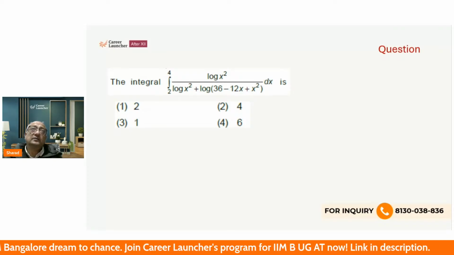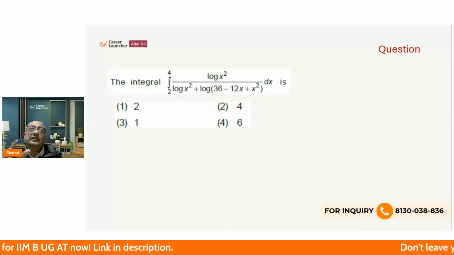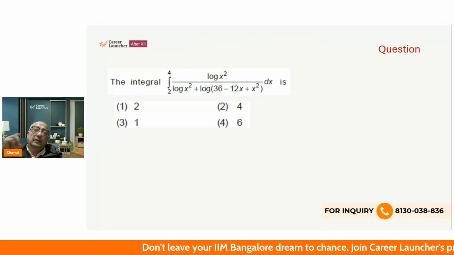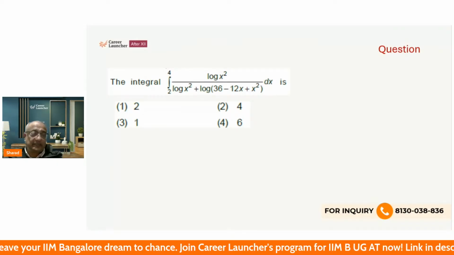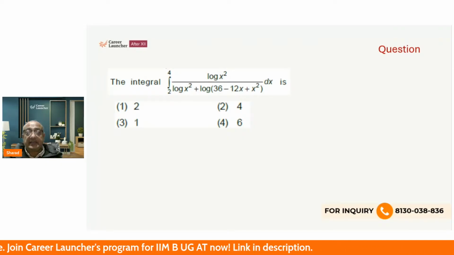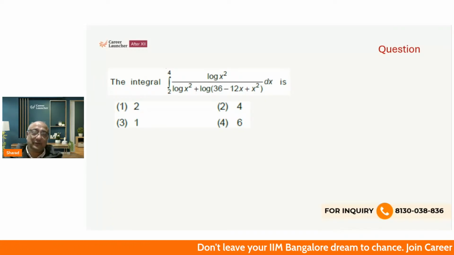Two of the substitutions which I have told you: taking the highest power of x common from an expression which has different powers of x, and also in the bracket you have some 1 by 2, 2 by 3, 3 by 4, etc. The second one, if you have combined power of sin x and cos x, added power of sin x and cos x, a negative even number, then take tan x is equal to t. I'm sure you know all these things.